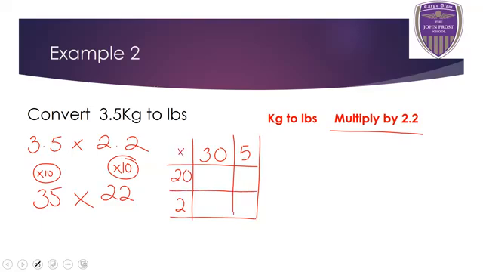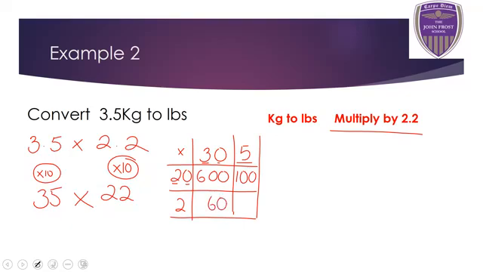Put a times in there. So how does it work? Well, 2 times 3 is 6. Add in the 2 zeros. Then we're going to do 20 times 5. So 2 times 5 is 10. Add the 0. 2 times 30. Well, 2 times 3 is 6.